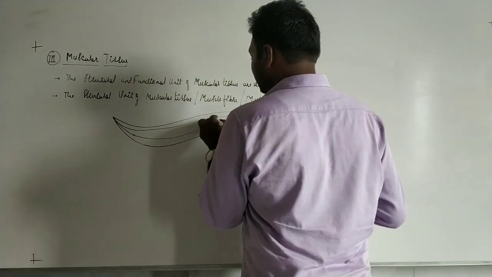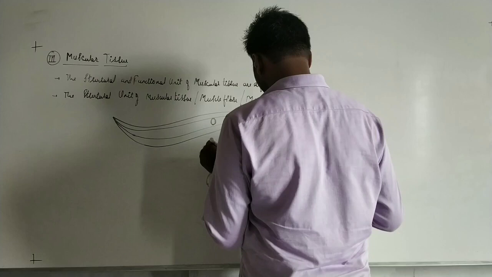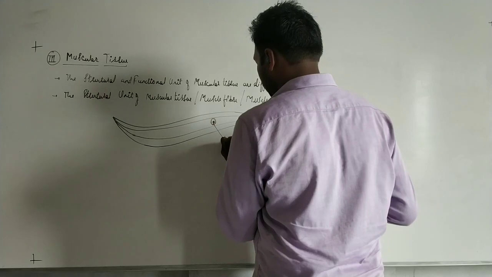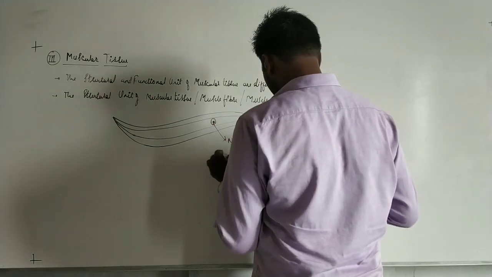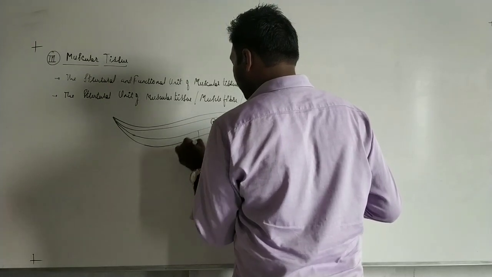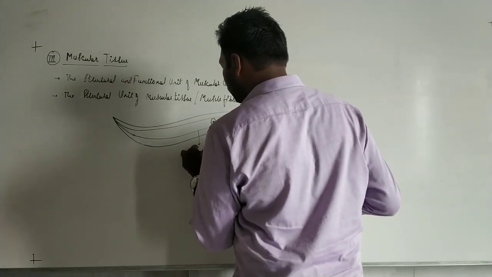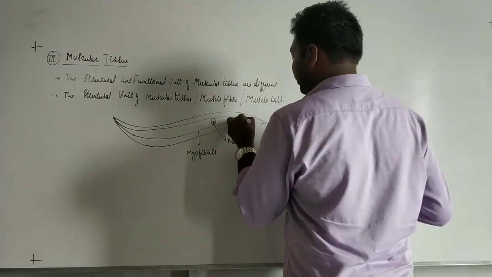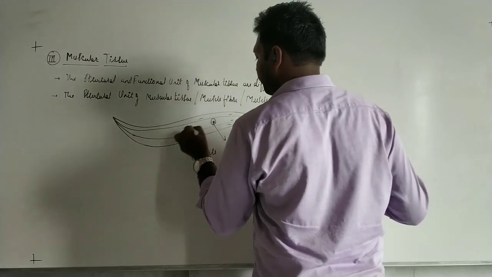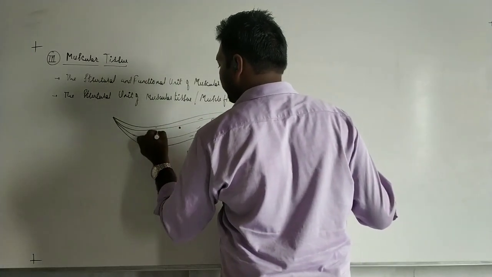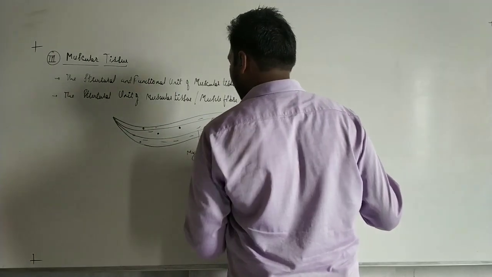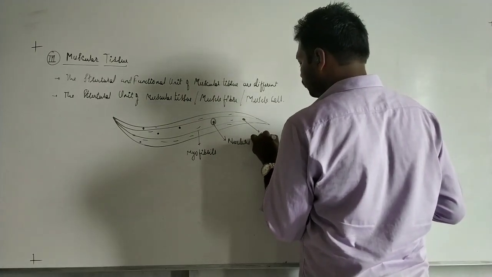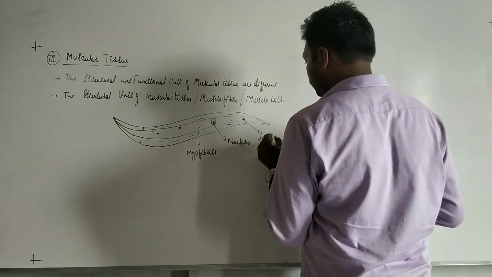Basically, here you can see the presence of the nucleus. Then these bands are called myofibrils. This structure, these dotted structures over here, are the sarcosomes.